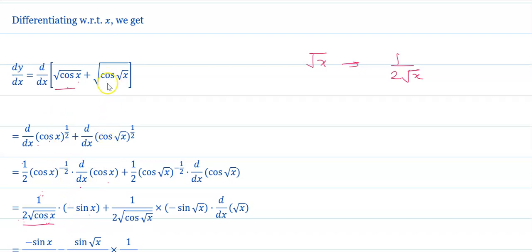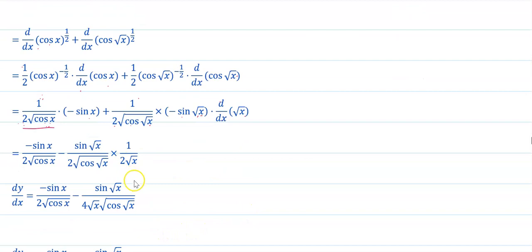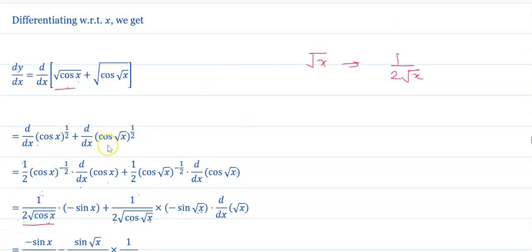Similarly here, the d/dx of root of cos of root x is again 1 upon 2 times root of cos of root x into d/dx of cos of root x, which is minus sine of root x, into d/dx of this root x, which is 1 upon 2 times root x. And we have performed that here.